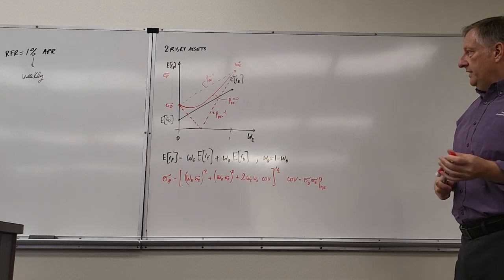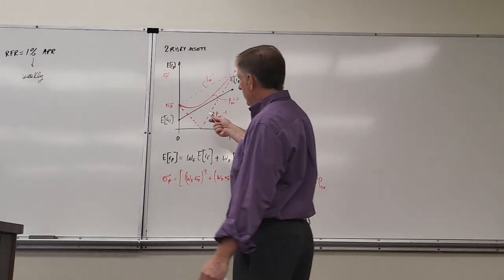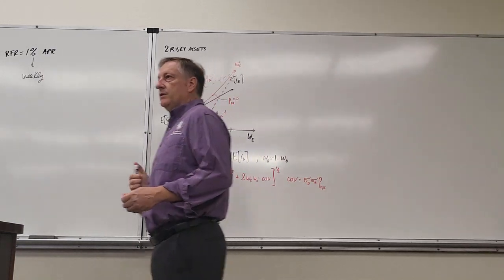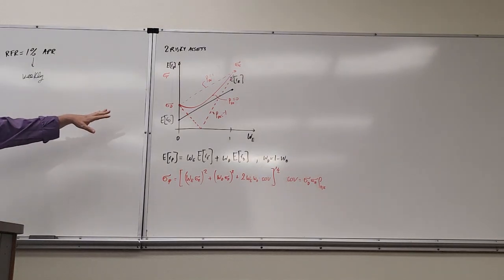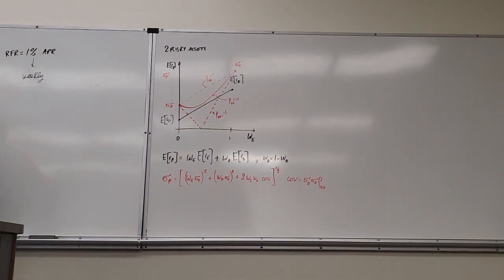So then last time we said, let's suppose I'm an investor and I'm concerned with risk. I would like to figure out if I can find a portfolio that has the lowest possible risk.